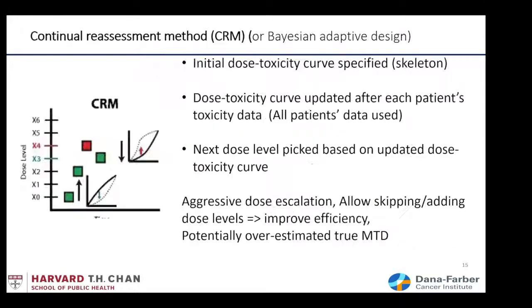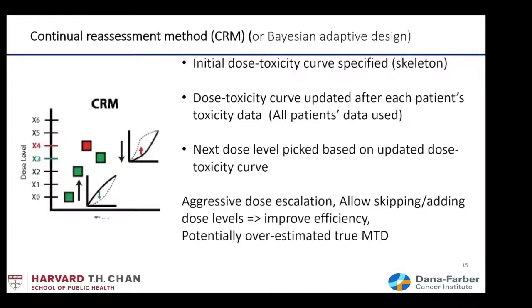Now, to speak of this class, I'll pick two designs that are currently popularly used. The first one is the continuous reassessment method, which gave the name to this class; usually we call them Bayesian adaptive design. So here, I use the figures. The initial dose toxicity curve is specified.